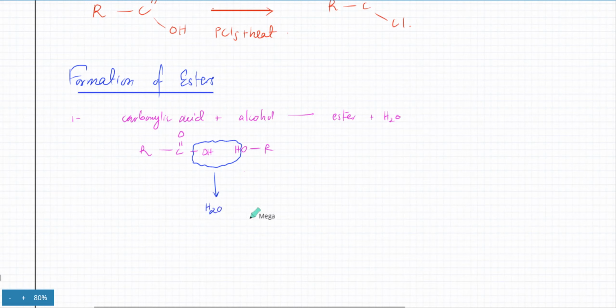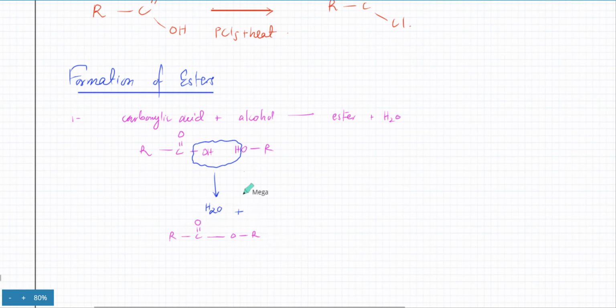And the rest of the molecule is going to combine and add up. So the H and OH are gone, and the double bond O would react to form a bond with oxygen, and an ester molecule is going to be formed.